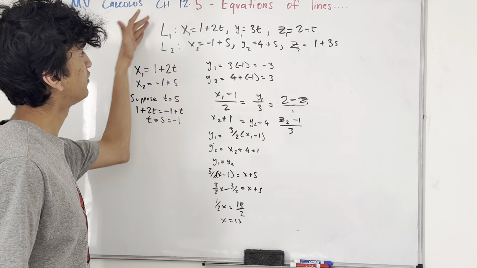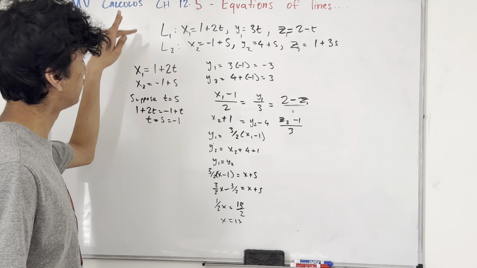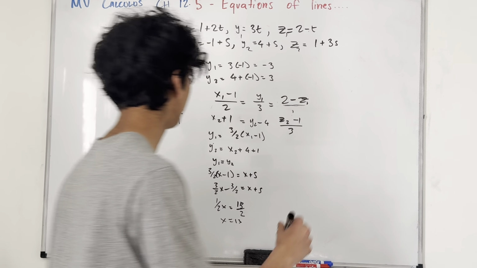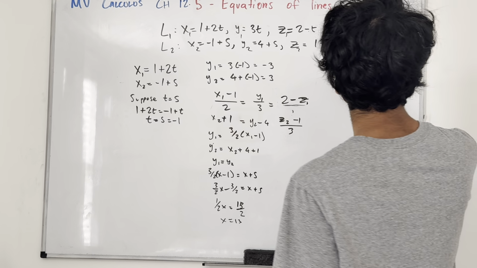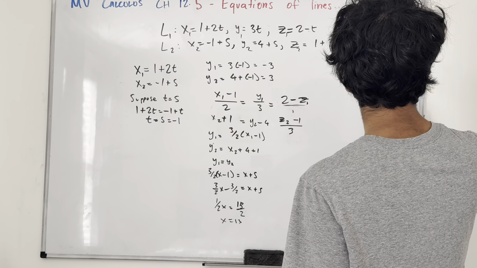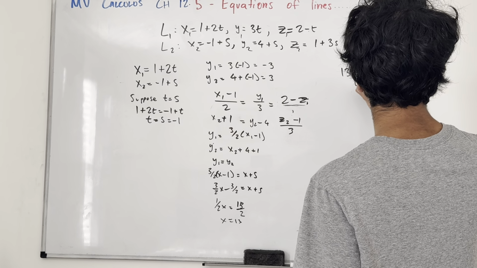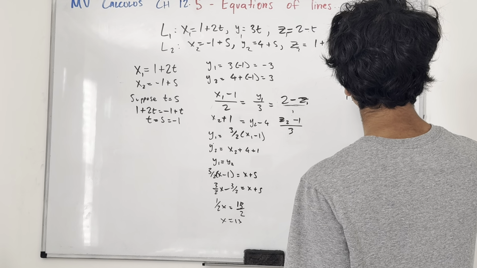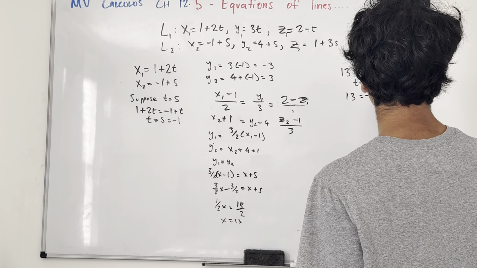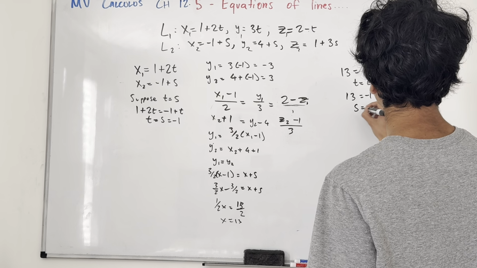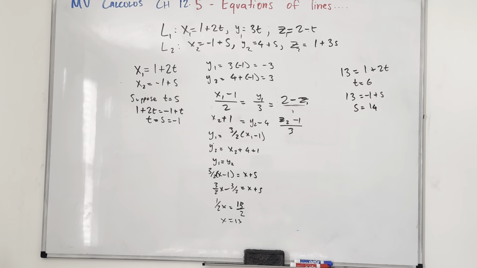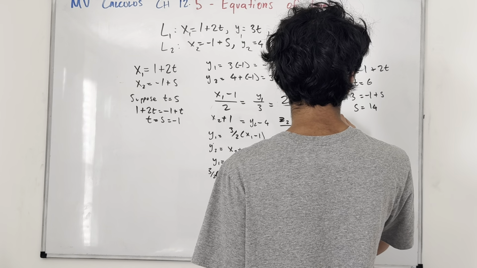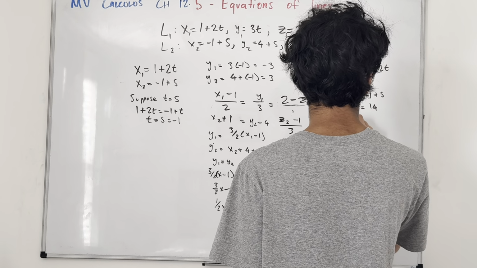And I can very quickly figure out what time t and what time s the x is going to equal 13. So I could say, hey, 13 is going to equal 1 plus 2t, and I get t is equal to 6. I could say, hey, 13 will also equal negative 1 plus s, and I get s is going to equal 14. So then my last step is just to check, what is y1 at t equals 6?